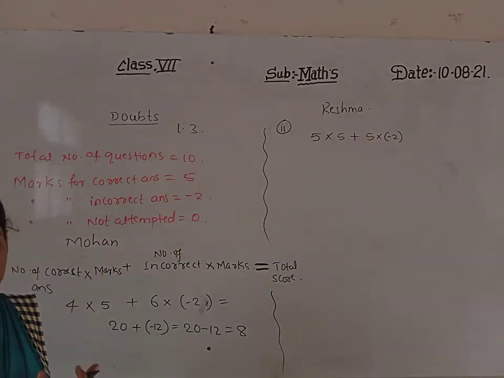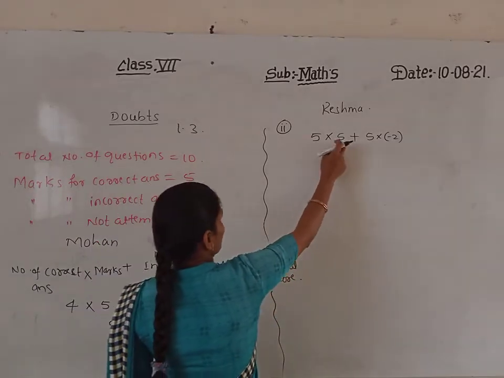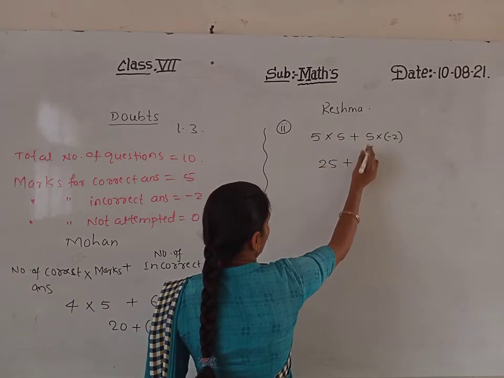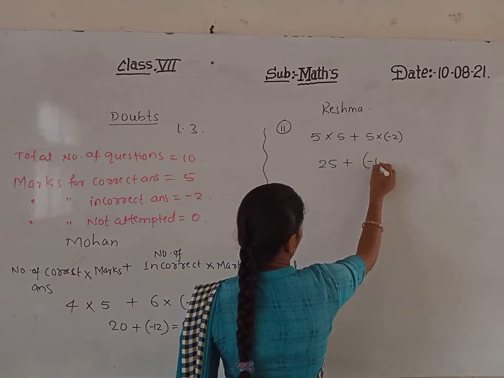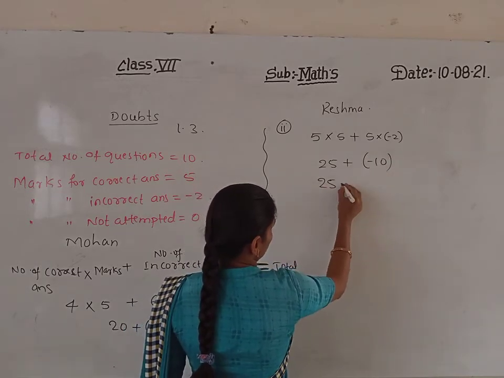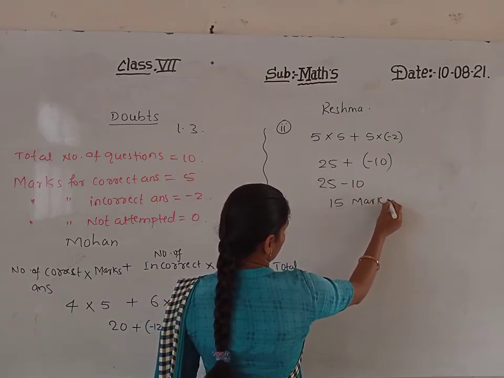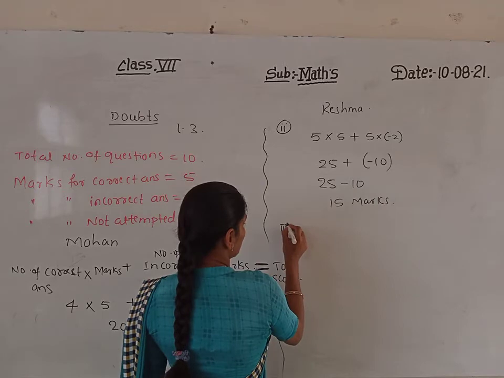If you simplify this, you will get Reshma's marks. 5 5s are 25 plus 5 into minus 2, minus 10. So 25 minus 10. What is Reshma's score? 15 marks. Okay.